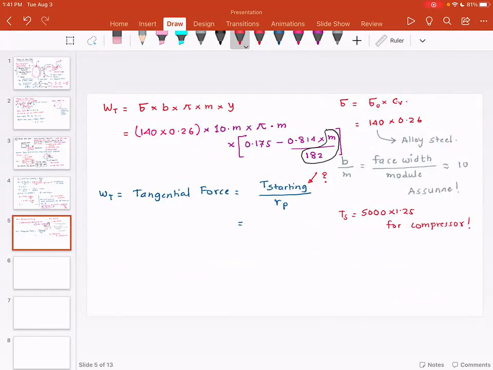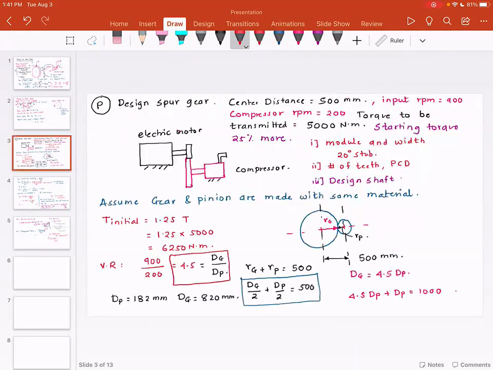Now, what are we designing? We are designing the pinion. So the question is, what is the starting torque on the pinion? For that, I need to go back and look at the configuration. Where is my pinion? The pinion is over here. Pinion is rotating at 900 RPM.